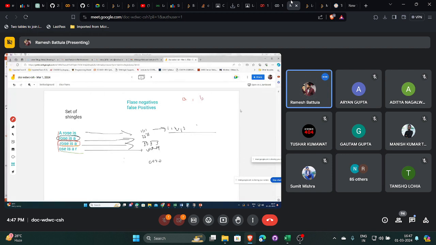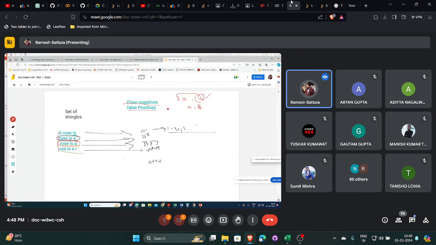These two are different, but you are treating them as similar. B is not A, but you are treating B as equal to A. That comes under one case. What is the other? Here you have A, A, but you are saying this is not similar. Understand? Are you okay with this? False negatives and false positives.